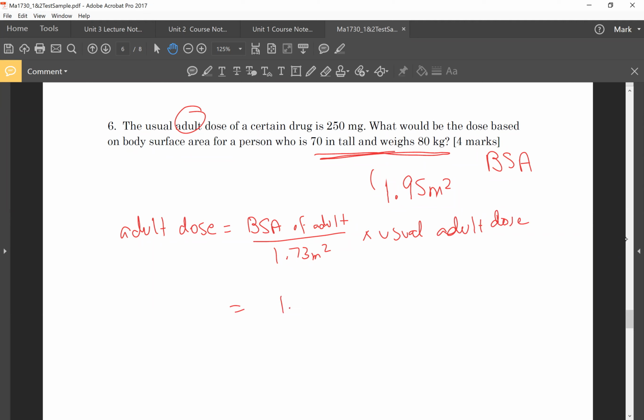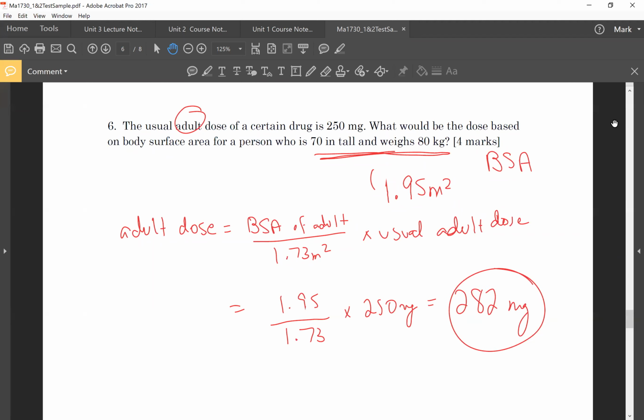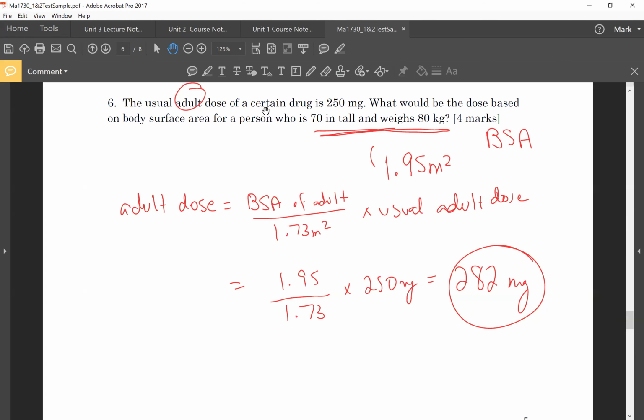So 1.95 over 1.73 times 250 milligrams. And I think I got 282. Okay, sorry about that. I don't know if I was sharing my screen just then.